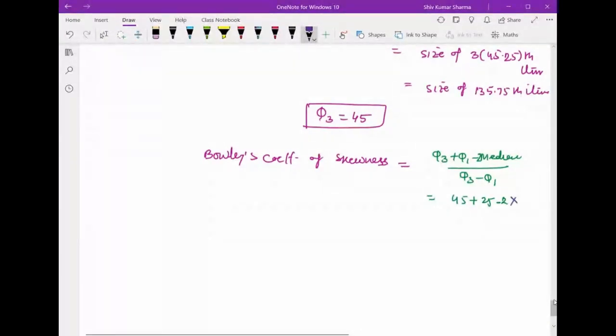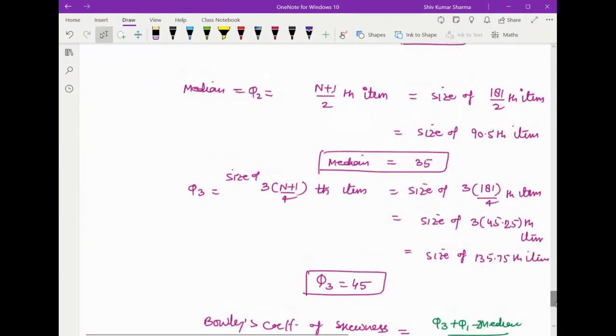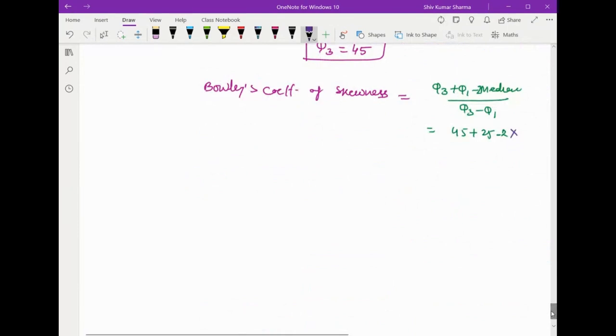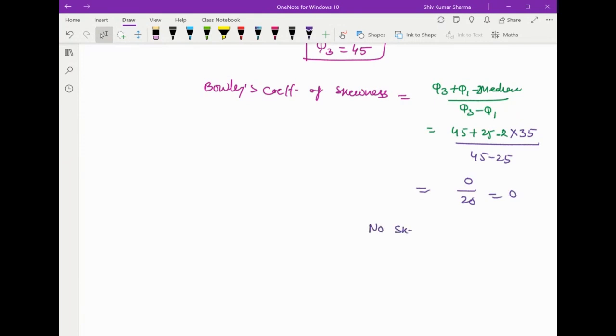So 45 plus 25 minus 2 into the median, and the median is 35, upon 45 minus 25. So this is 0, which means no skewness.